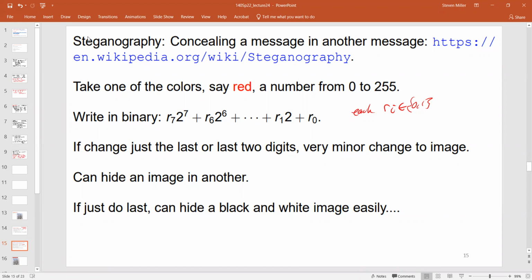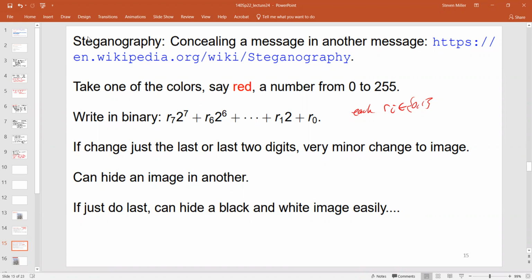If I change the last 2 digits, I now have 4 possibilities. And on average, maybe I'm off by about 2 from what was true. Well, if I have 4 possibilities for red, 4 possibilities for green, 4 possibilities for blue, how many possibilities is that? Sure. So let's say I just changed the last 2 digits of red, green, and blue.